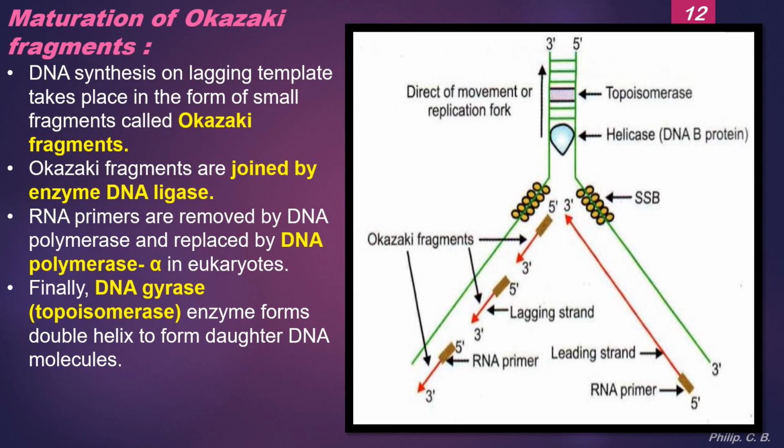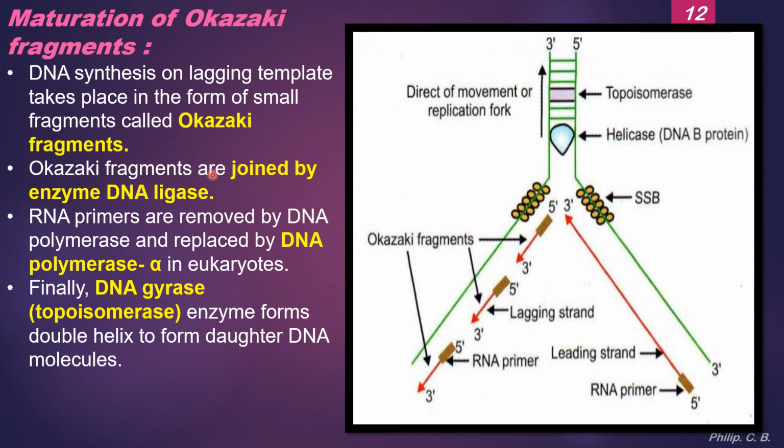Now further, maturation of the Okazaki fragments. Now here, as we read, the leading and the lagging strand. The lagging strand is discontinuous, or we can say the Okazaki fragments. So the DNA synthesis on the lagging template takes place in the form of small fragments, or in simple words small parts, called Okazaki fragments.